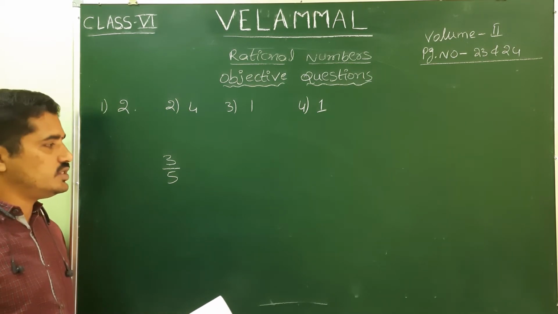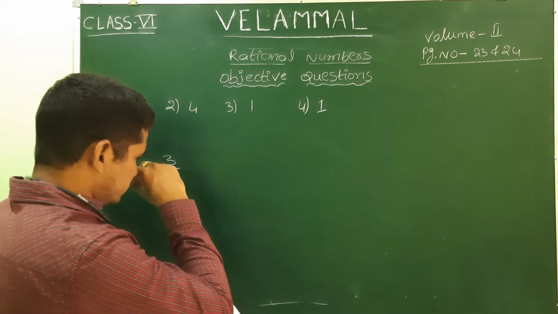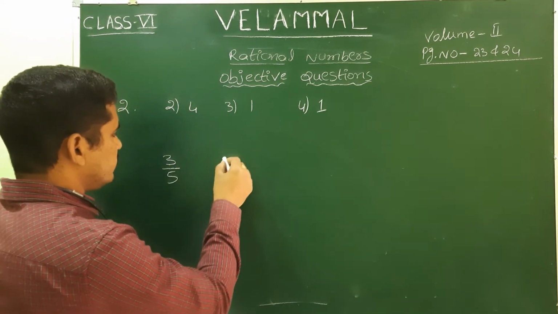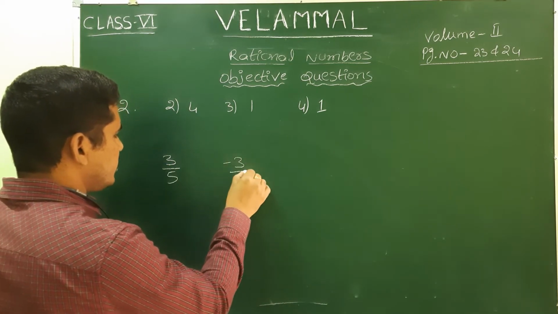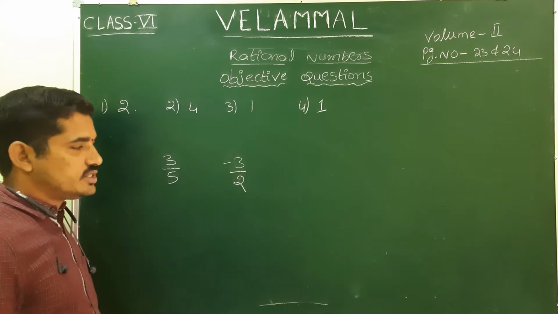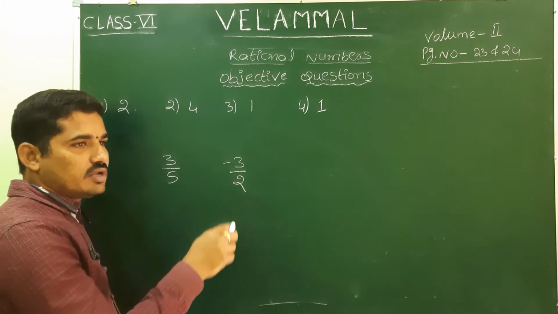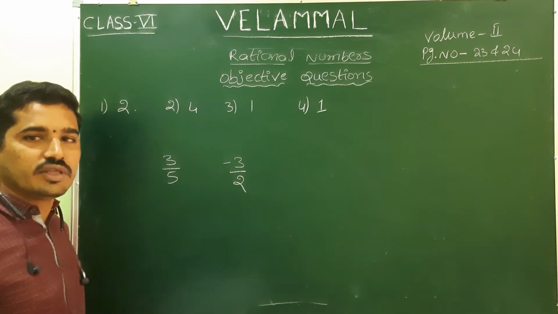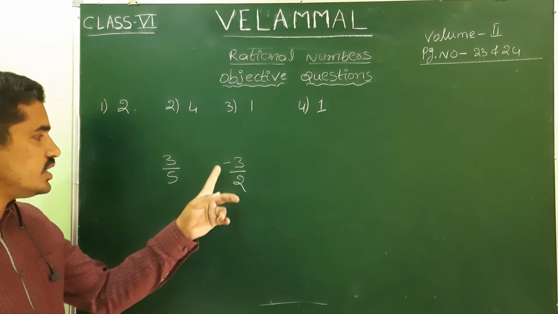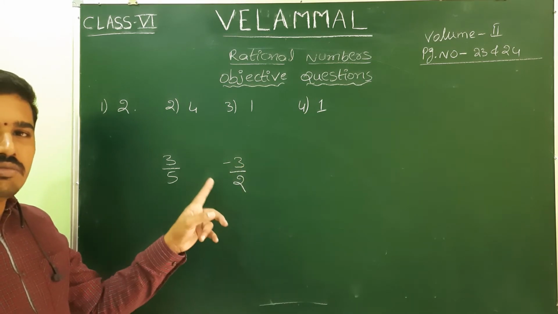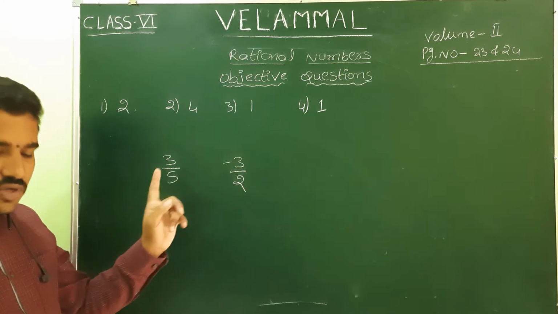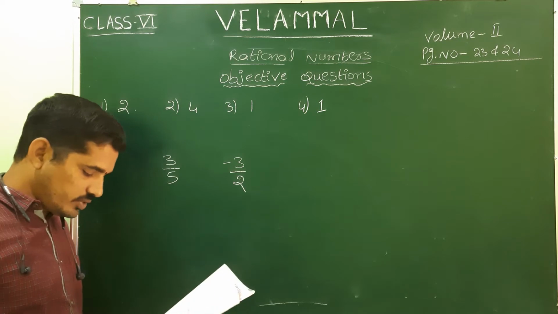Yes, it is true. For example, now we are taking minus 3 by 2. Minus 3 by 2 is a rational number. It is a negative rational number. In fractions we will not have the negative signs. So it is not called a fraction, but it is a rational number. So statement 1 is true.